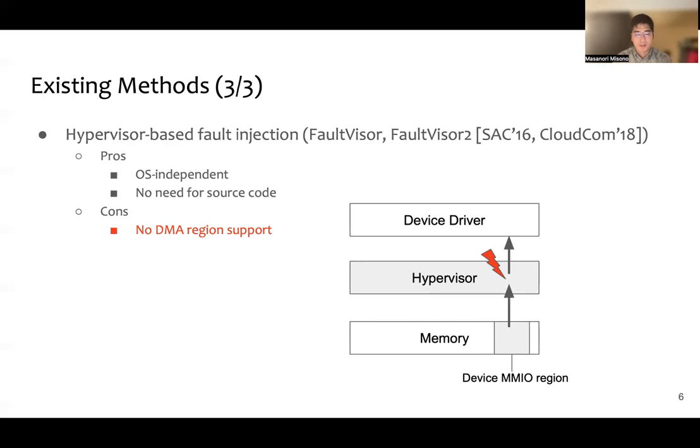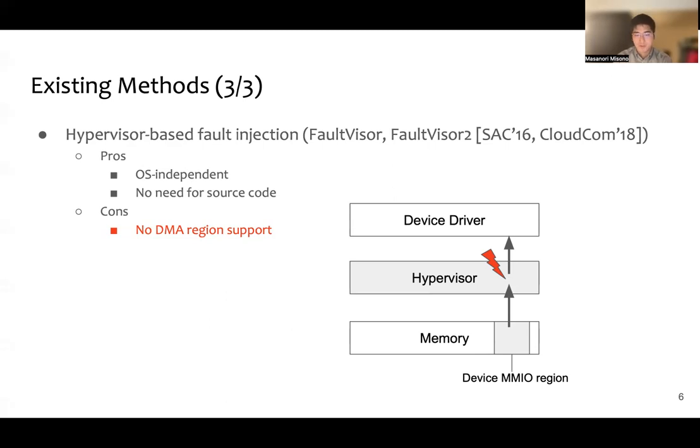A hypervisor can trap PIO accesses by intercepting IO instructions issued by a guest. Also, a hypervisor can detect the MMIO regions by converting the device's PCIe configuration space, and then trap MMIO accesses by utilizing nested paging. However, the information of the DMA region used by a device is not stored in the PCIe configuration space.